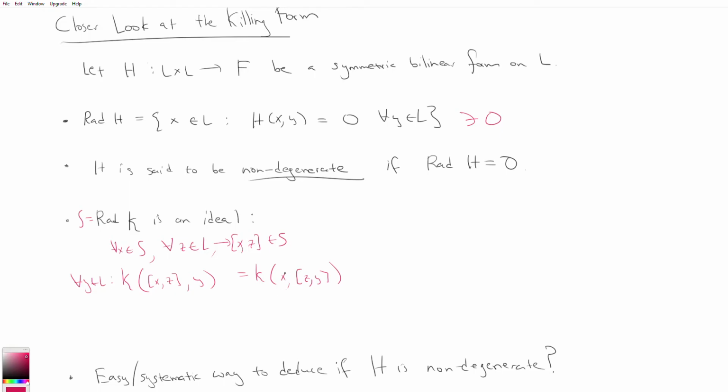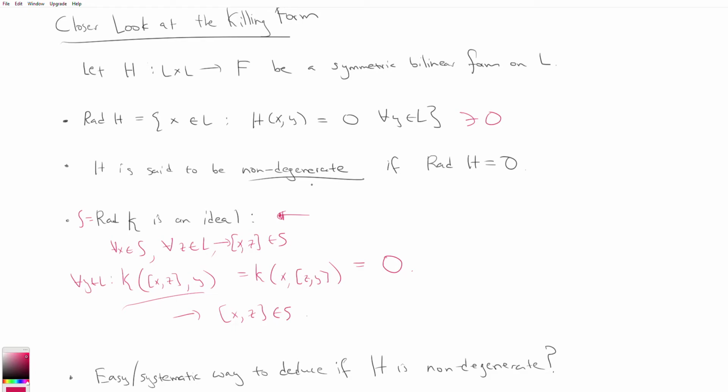But x is an element of the radical, and z bracket y is just some random vector in L, so this is equal to 0, and so x bracket z is an element of S. This is important: the radical of the Killing form is an ideal, and that will be important for our criterion on semi-simplicity.